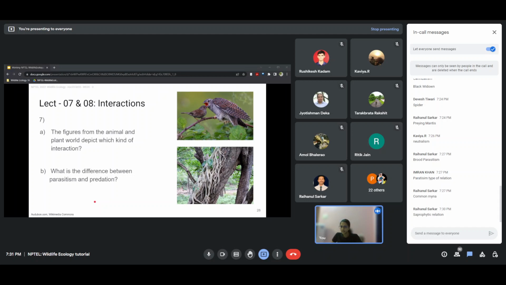You said absolutely the correct answer. So, the crucial thing in parasitism is that the host should not die, right? Because if the host dies, then the parasite doesn't have anything to feed on. So, the parasite will try and keep the host alive for as long as possible, right? Yeah, right. Let's go to the next one.